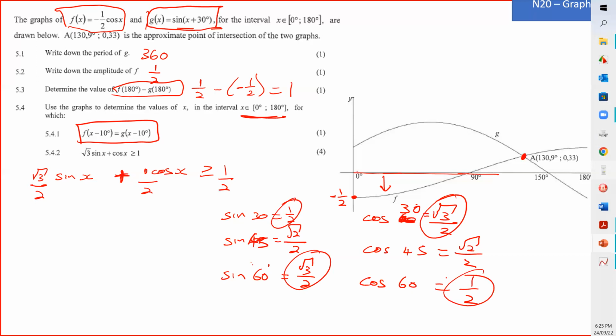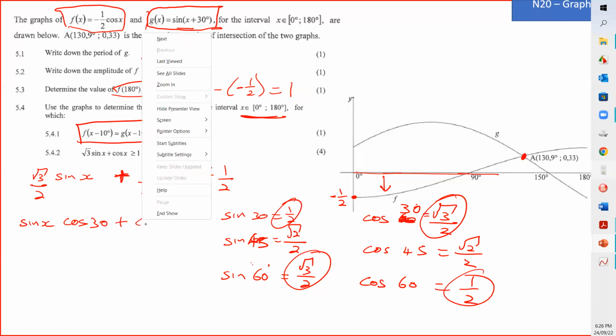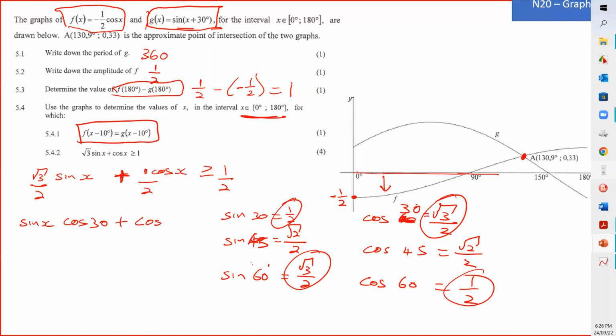I'm going to go with the sine cos sine rule. So we have sine x, bring the x first, and root 3 over 2 can be written as cos 30, plus cos x. Remember, your sine compound angle formula goes sine cos, cos sine, and we can make this equal to sine x cos 30 plus cos x sine 30.